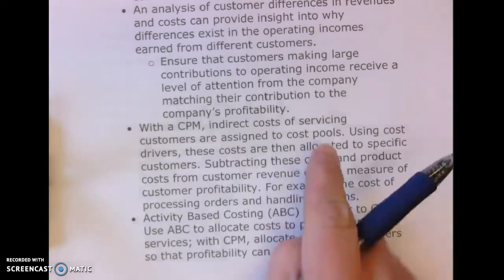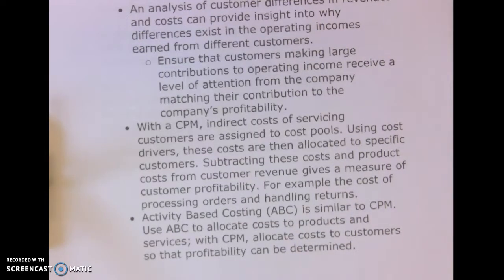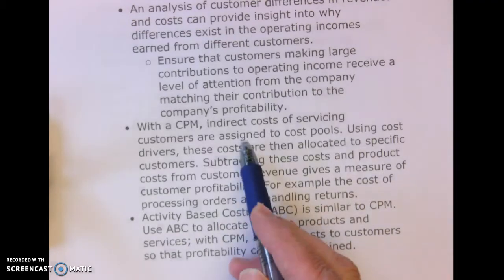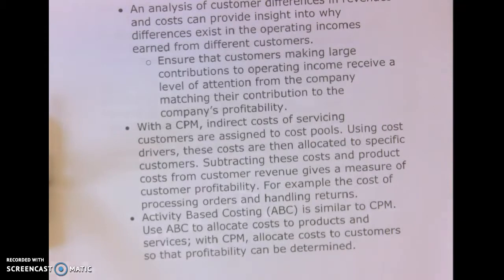Using cost drivers similar to what we did with activity-based costing, those costs are then allocated to specific customers. And subtract these costs and product costs from customer revenue to give an idea of customer profitability. So it is kind of similar to activity-based costing, what we did back in Chapter 6, except that rather than allocating the indirect cost to products, we're going to allocate them to customers.